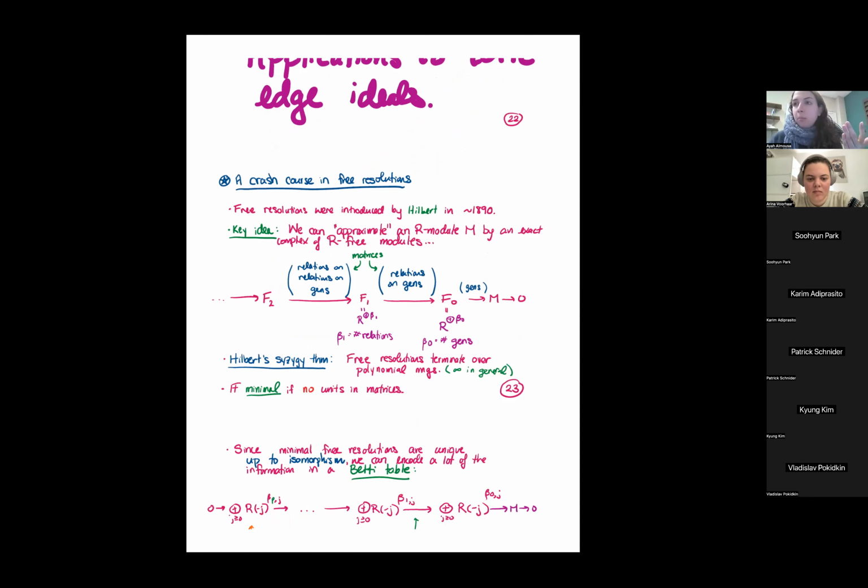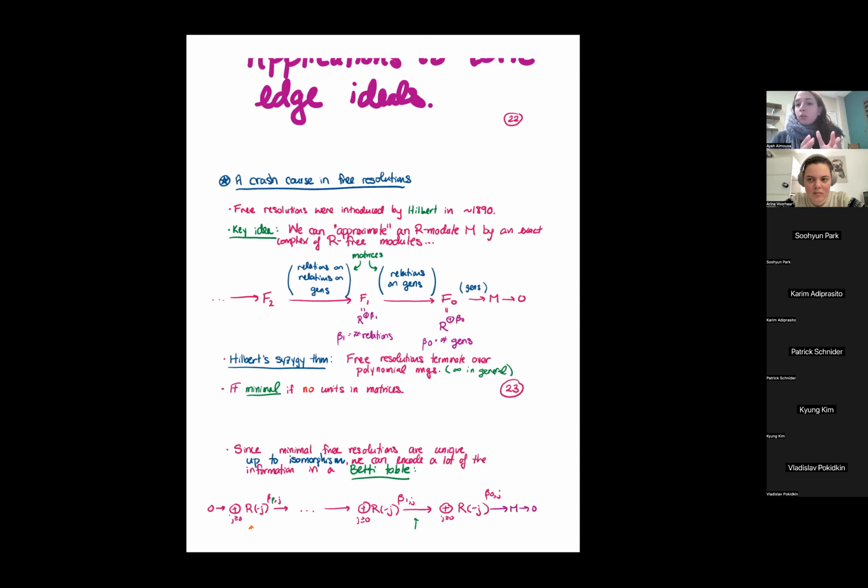But for a module, if you just have the generating set, you can't detect any deeper information about the module from that. If you think about the free module that has a basis corresponding to that generating set, that's a first approximation of your module. But you might want a better approximation than that.